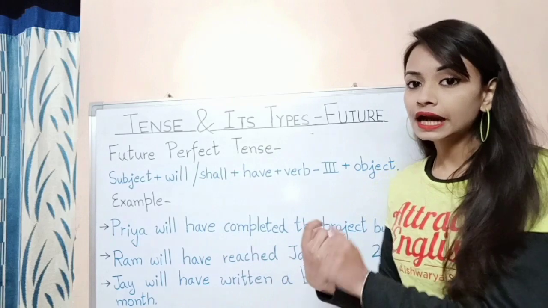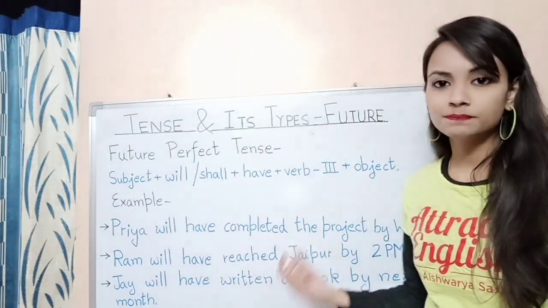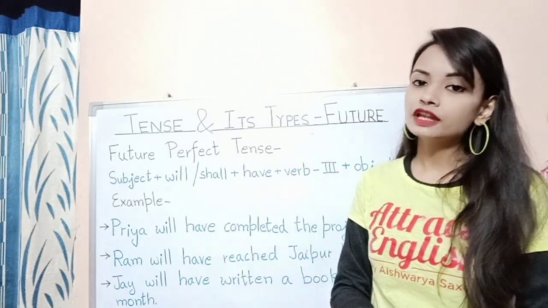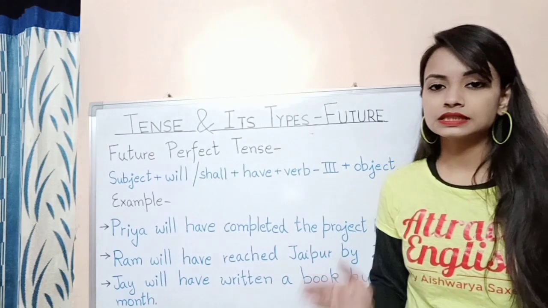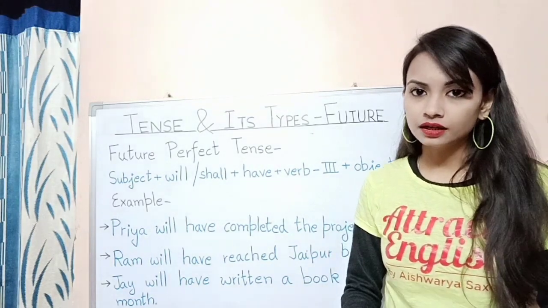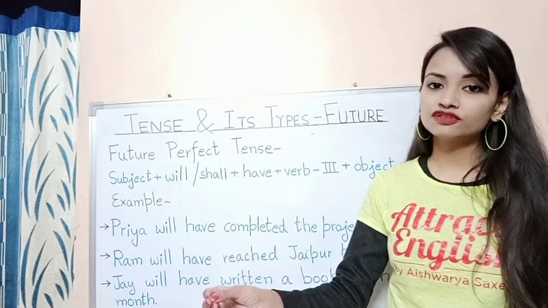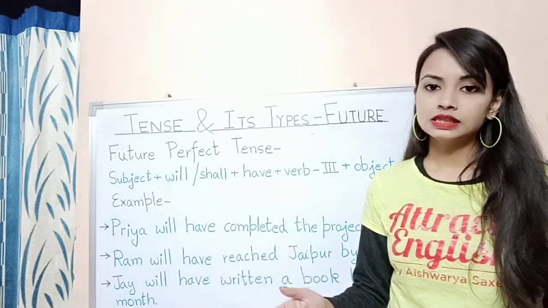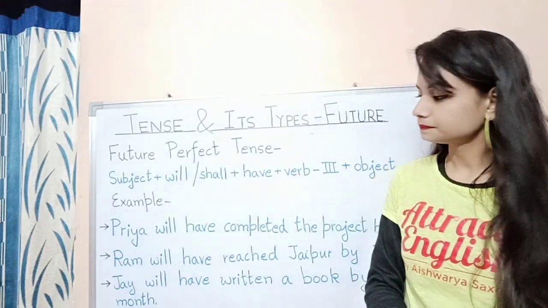So, till that point of time, Priya will have completed the project. Okay. So, we use this when we want to talk about such actions or events that will be done in future before or till any point of time or till the completion of any other task or activity.